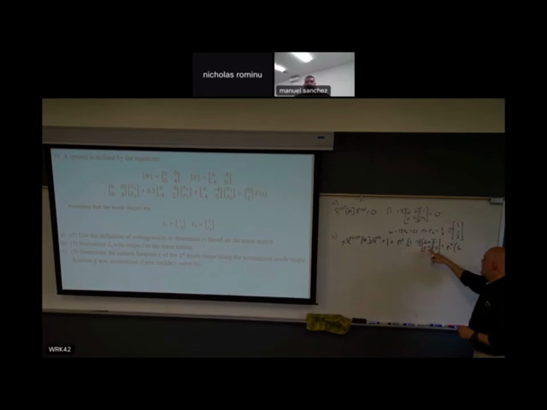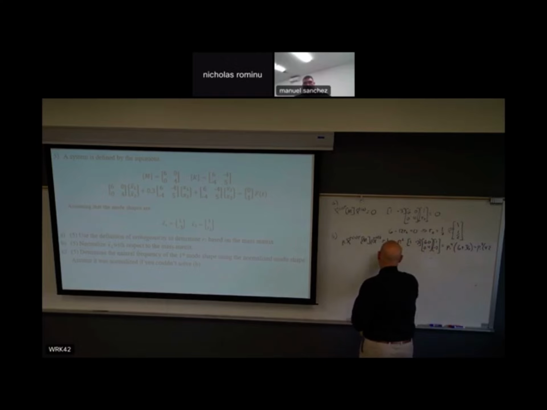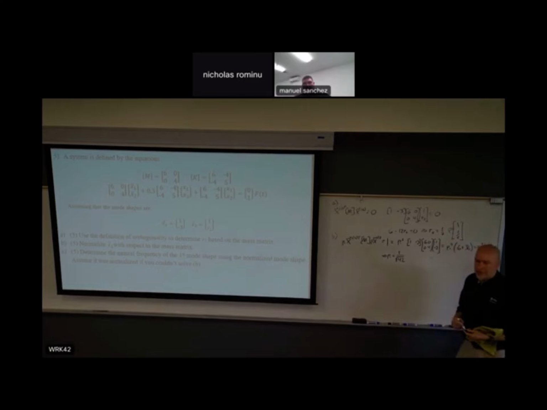And minus 3 times 4 times minus 3, so that'll be a plus, 9 times 4 is 36. So it's P1 squared times 42. Therefore, P1 is going to be 1 over the square root of 42.